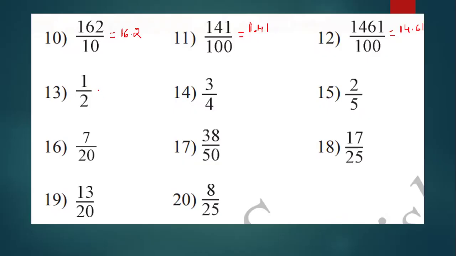1 by 2, make denominator as 10. Just multiply numerator and denominator by 5. This is 5 by 10, 0.5. This is also same.